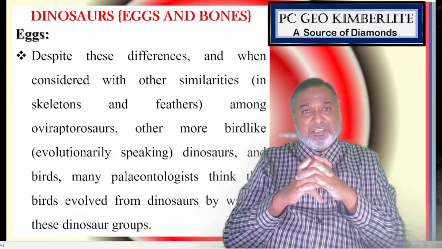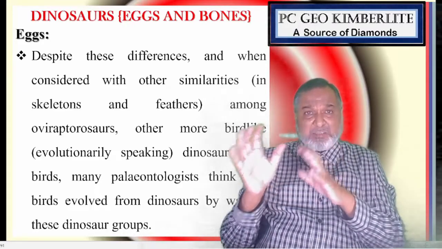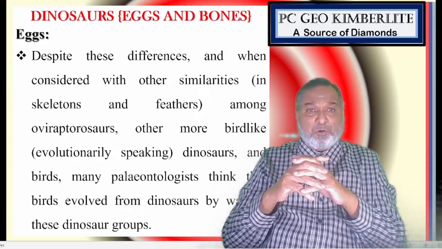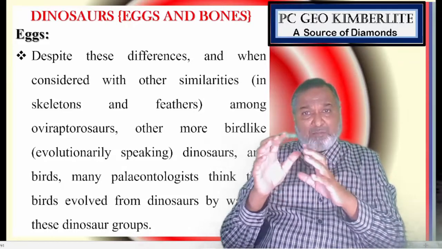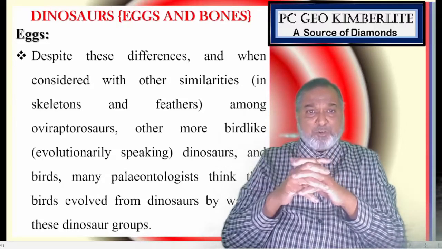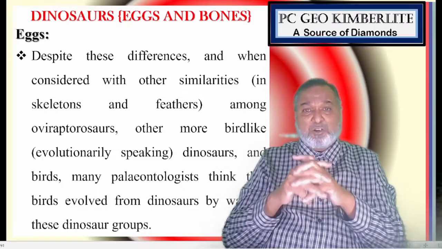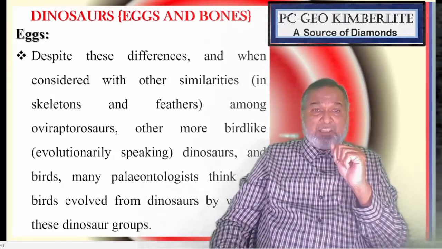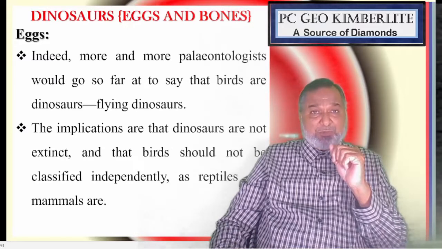Despite these differences, and when considered with the other similarities in skeletons and feathers among the Oviraptorosaurs and other more bird-like dinosaurs, many paleontologists think that birds evolved from dinosaurs by way of these dinosaur groups.